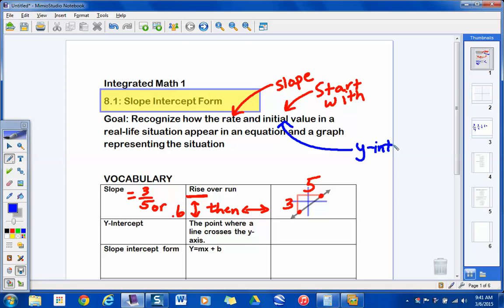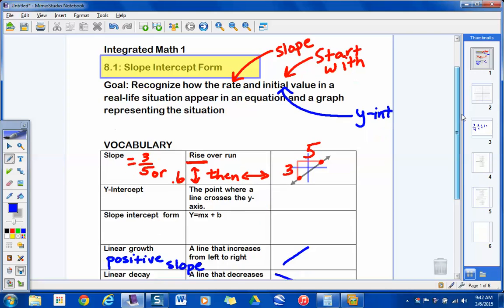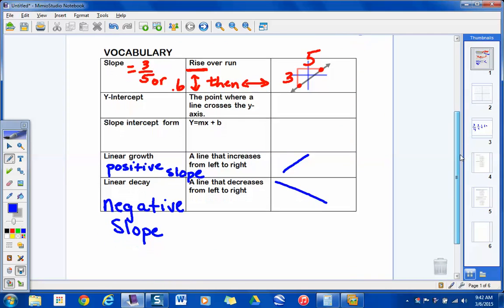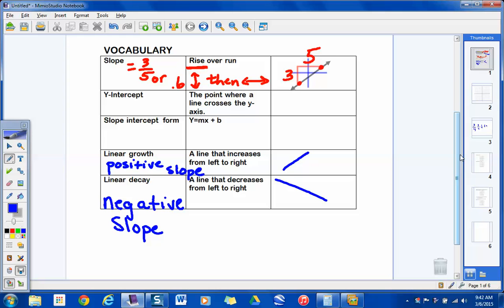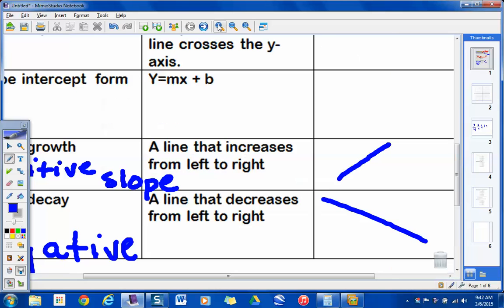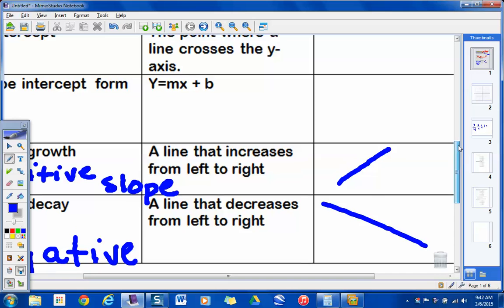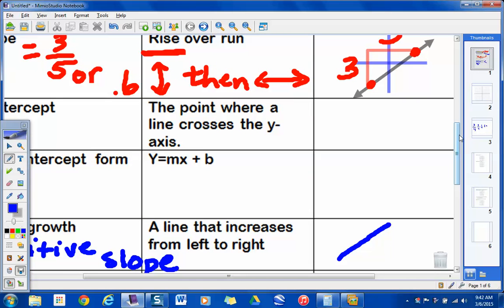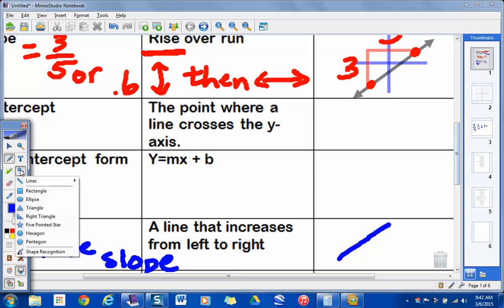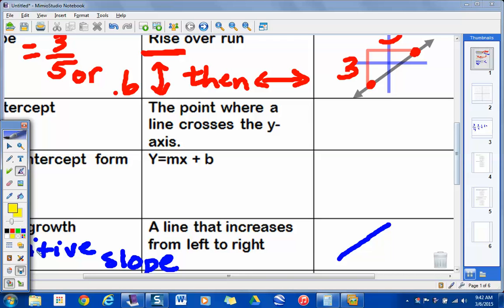Y-intercept says it's the point where the line crosses the y-axis. So I'm going to zoom up on this a little bit so I can squeeze this in here, in that box over here on the right. Here comes your x and y axis right here.